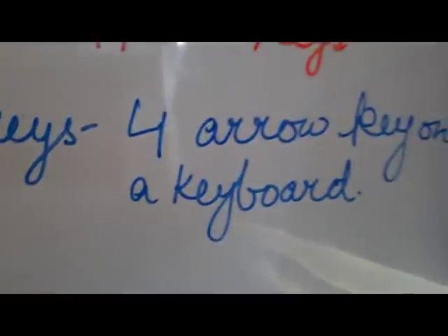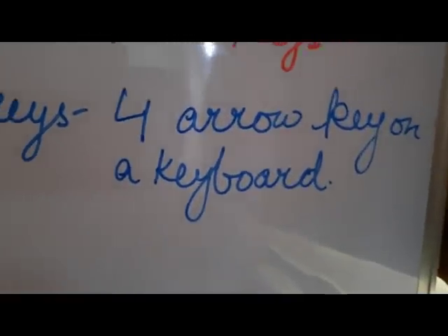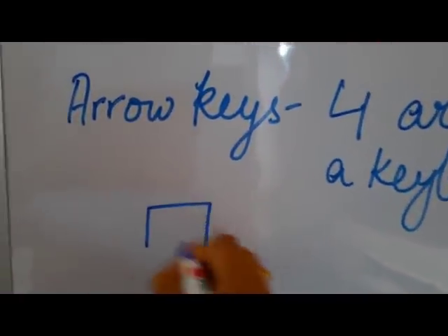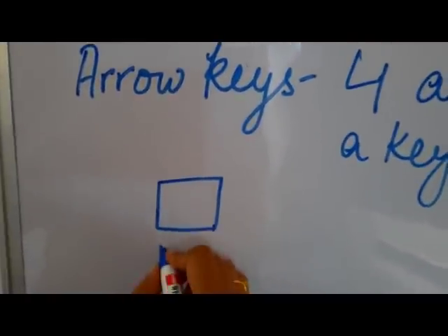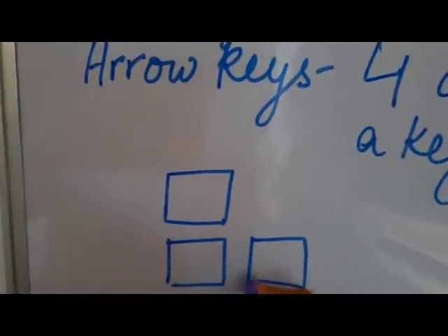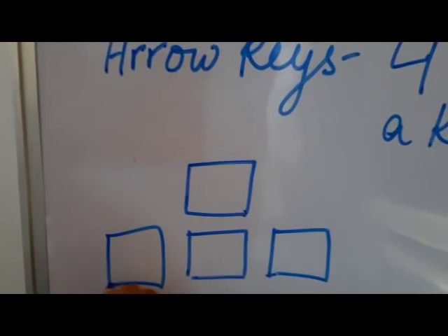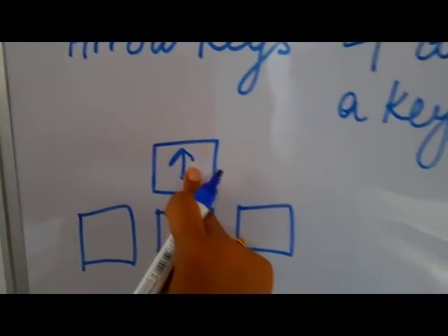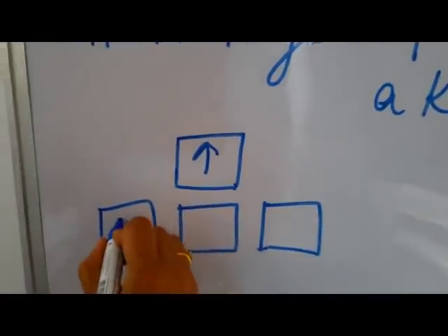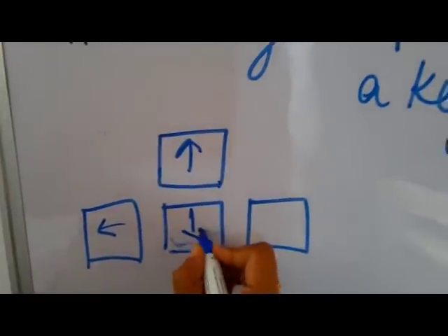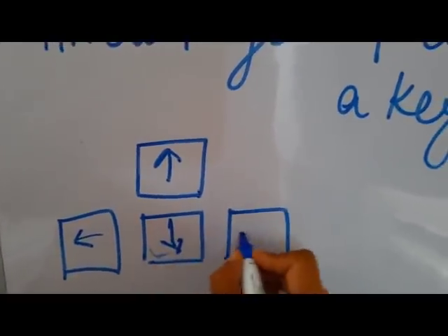Every arrow key has an arrow pointing towards a different direction, and they are placed like this between the alphabet keys and the number keypad. The first key is with an arrow towards up, then you have left, then you have this down arrow key and a right arrow key.